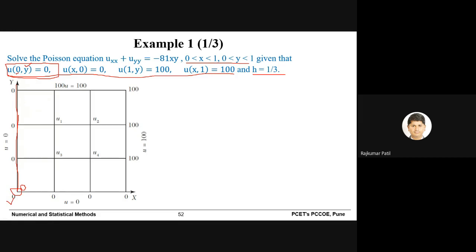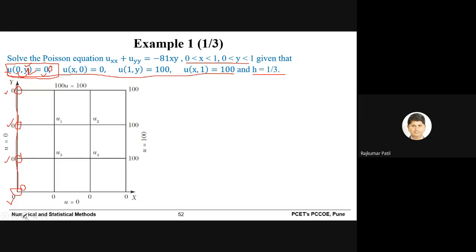Then the next point will be (0, 1). Here y will become 1. So this will be the point corresponding to (0, 1). Again for that the value of u will be 0. Again y will become 2, so this particular point will be (0, 2), and again for that the value of u is 0. Similarly for the last point, the coordinates are (0, 1) and the value of u will be 0.